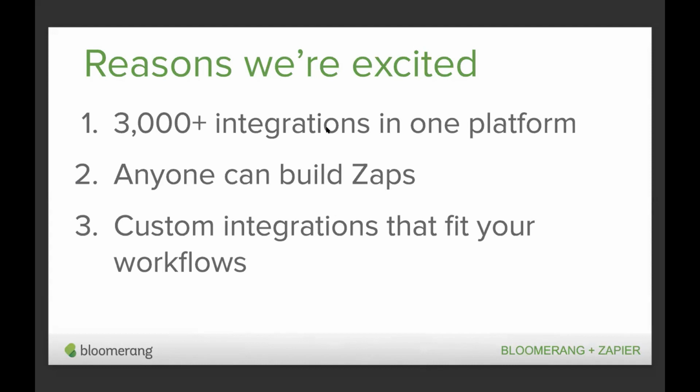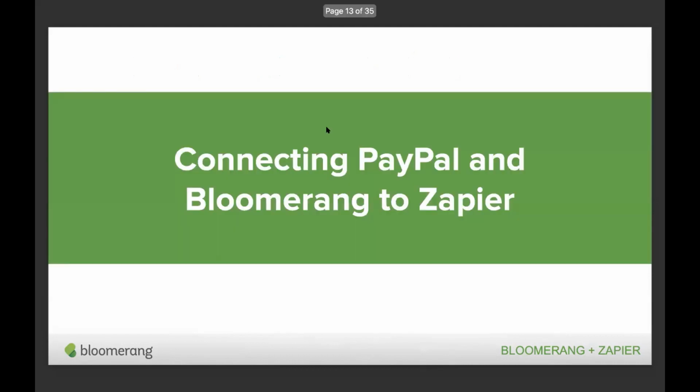Now, to start, let's talk about how you connect Bloomerang and PayPal to Zapier. So in order to sync donations from PayPal to Bloomerang, we first need to connect both of these apps to Zapier. So let's start with Bloomerang.